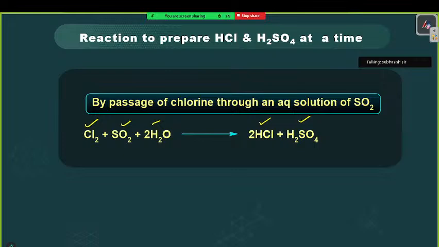So in this reaction, chlorine acts as the oxidizing agent and sulfur dioxide acts as the reducing agent. So this is another method for the preparation of sulfuric acid. Not only sulfuric acid, you can also use this reaction for the preparation of hydrochloric acid.